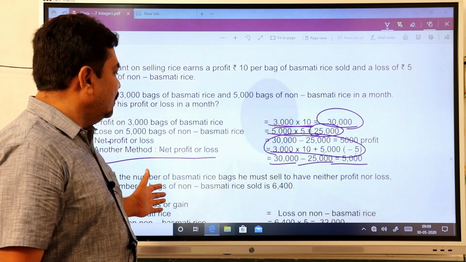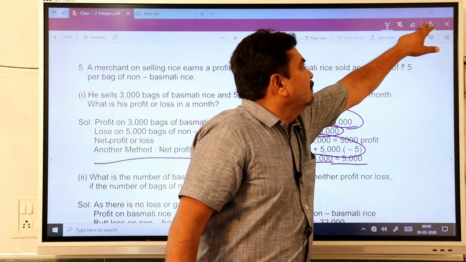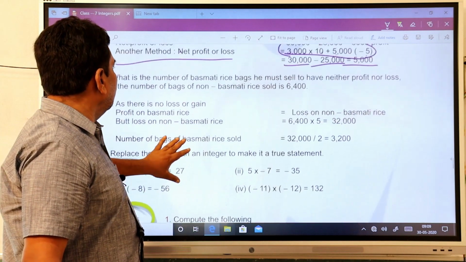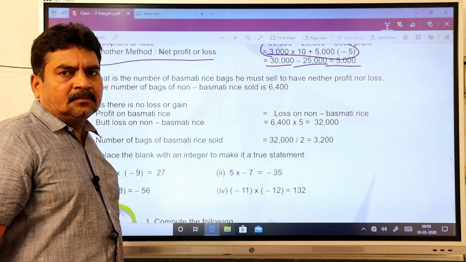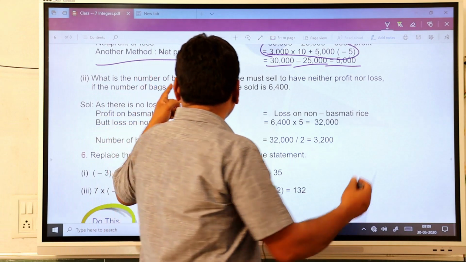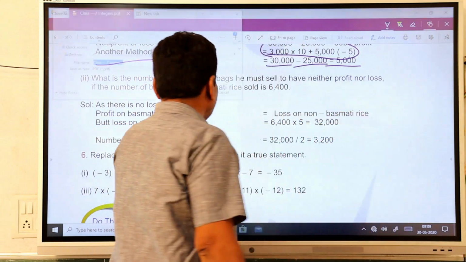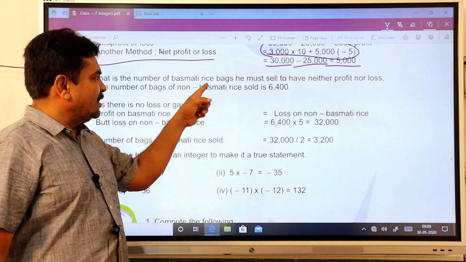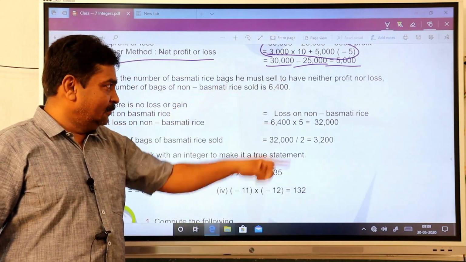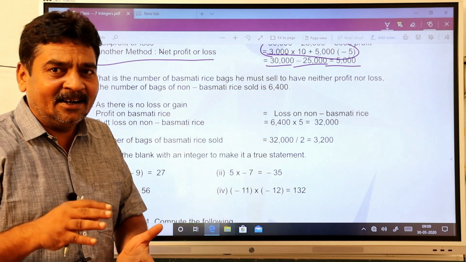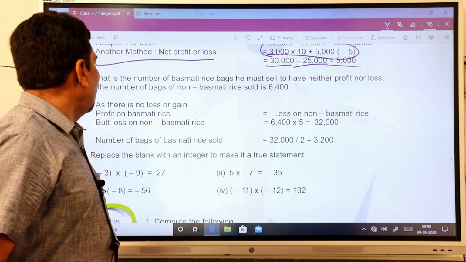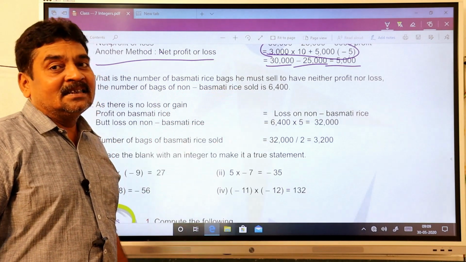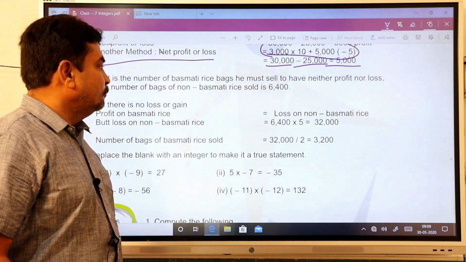Now, in the same question, there is a second part. What is the number of basmati rice bags he must sell to have neither loss nor profit, if the number of bags of non-basmati rice sold is 6,400?